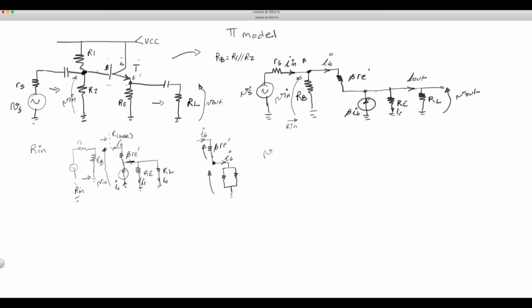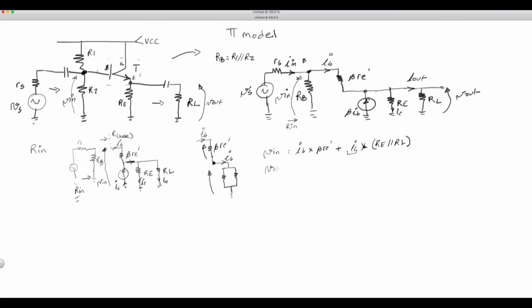So let's write it out. So Vn is equal to IB times beta RE prime plus IC times, or let's put an X here just to be clear, RE in parallel with RL. And what is IC anyway?